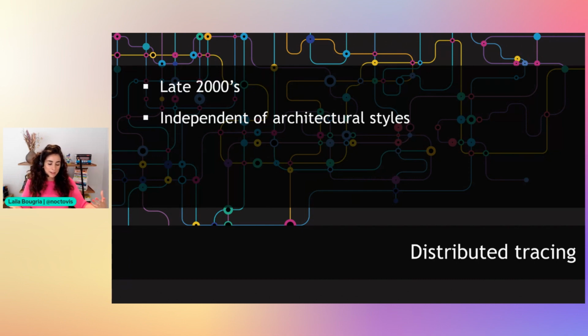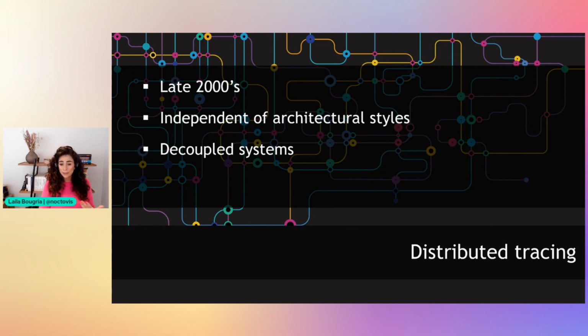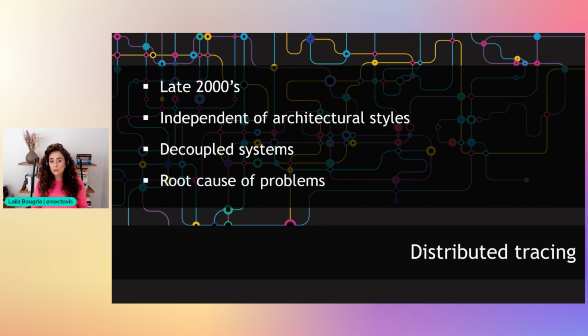But think about it this way: once you start decoupling systems into separate components that are interacting together and are running on different services, different machines, different processes, then we need to have a way to understand how those business transactions traverse all of those different tiers to get to the root cause of the problems that we find in our system.